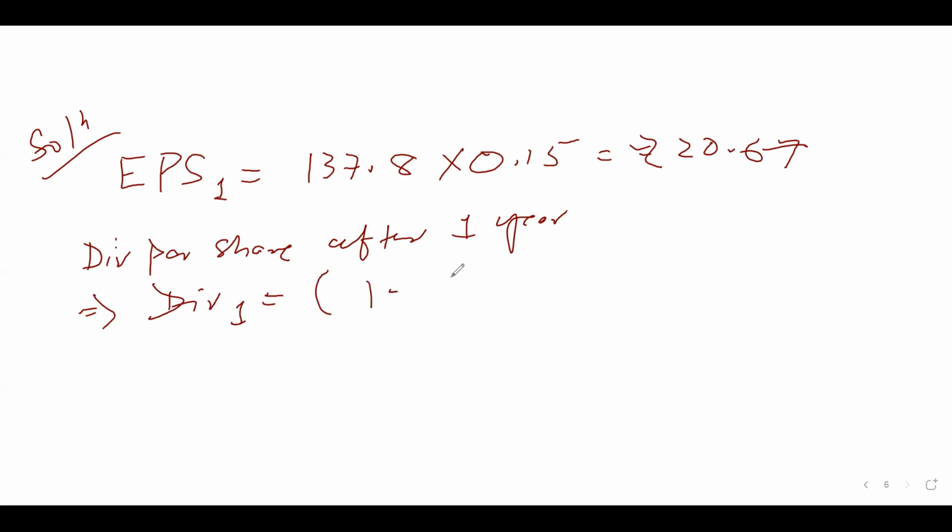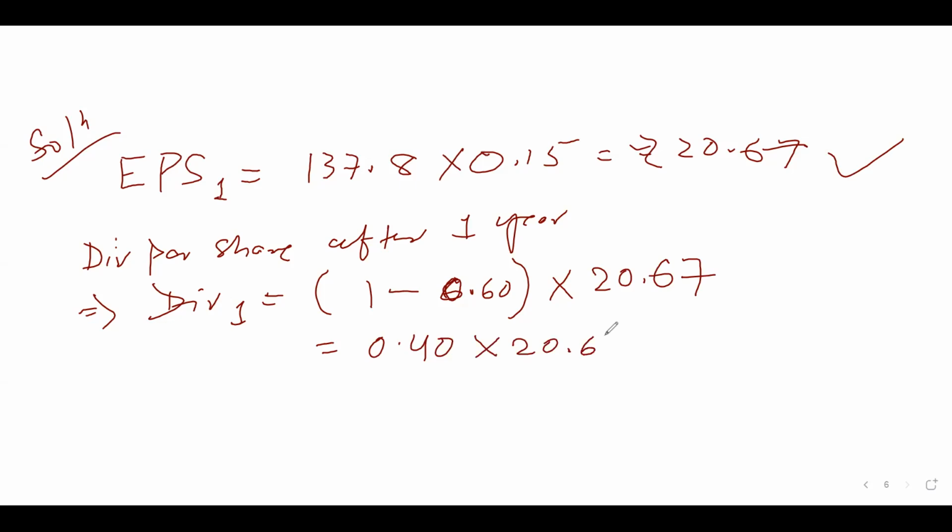Retention ratio is 60%, so you have to take 0.60 into your earning per share, and this will be the retention. 60% is retention ratio, so 40% will be given out. This gives you 0.40 into 20.67. That means the amount which will be given out as dividend. How much? 8.26. Okay.